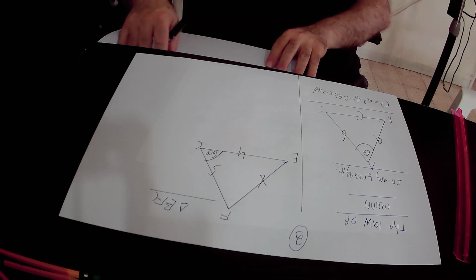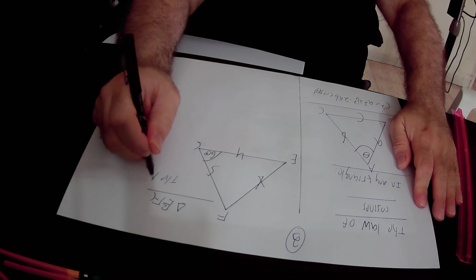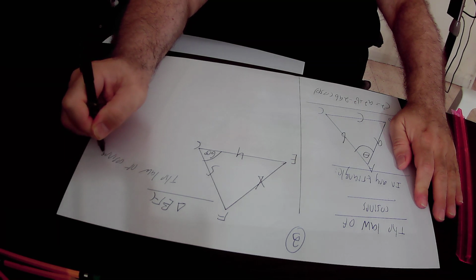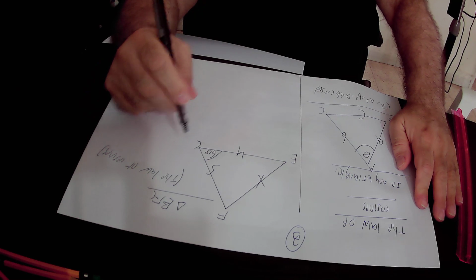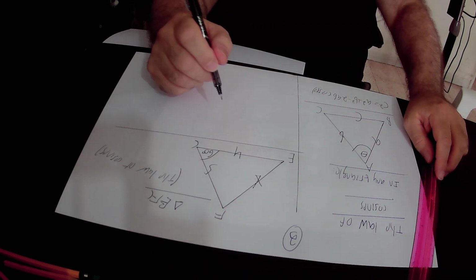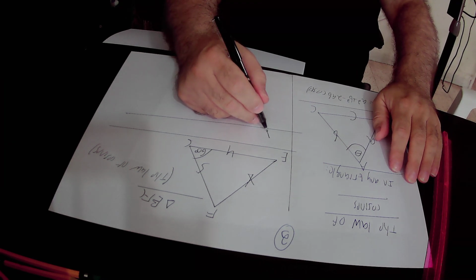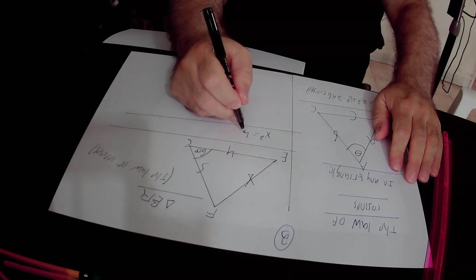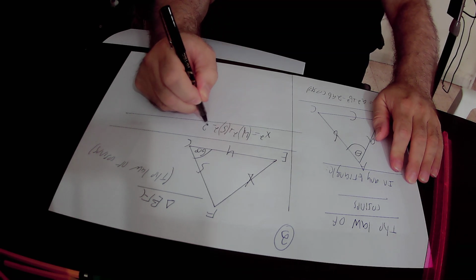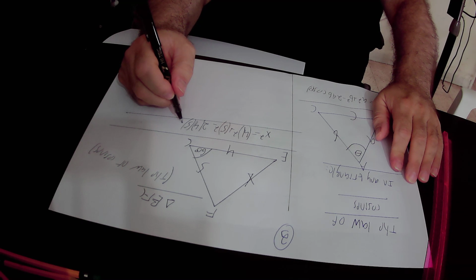According to the law of cosines, in triangle EFC, x squared equals 4 squared plus 5 squared minus 2 times 4 times 5 times cosine 60 degrees.